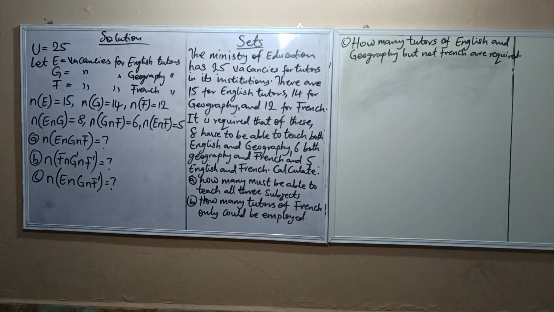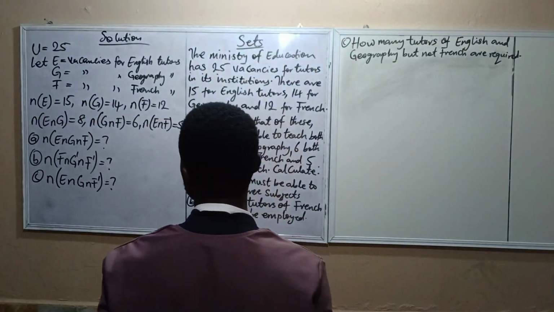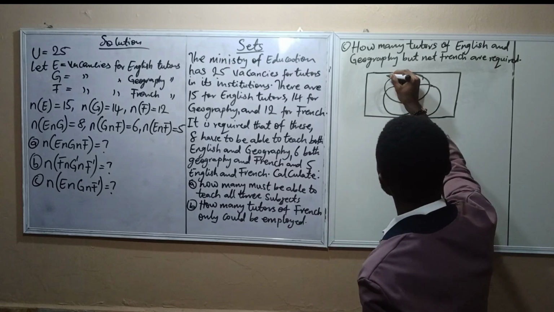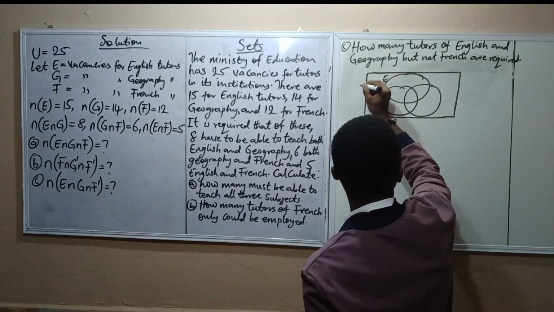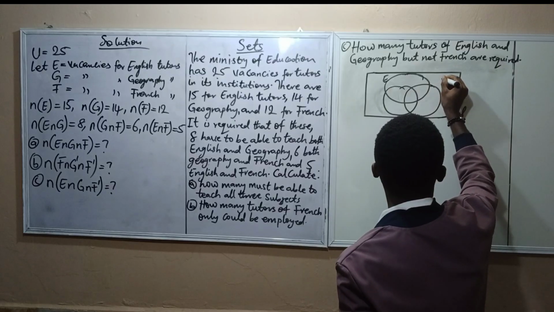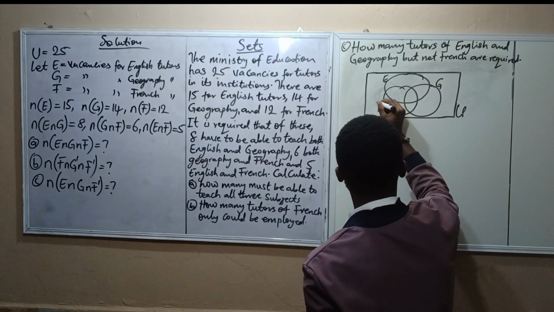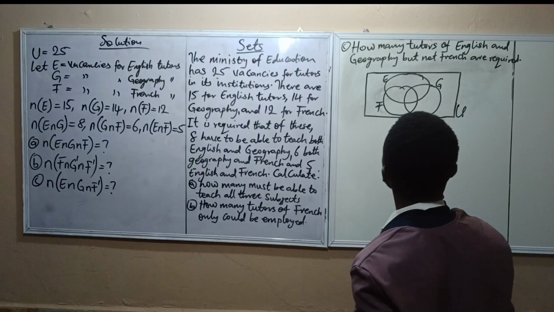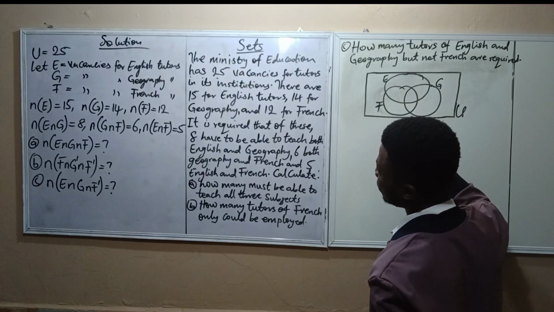So we've gotten all this data. Now let's draw the Venn diagram. Let this be English. This is the universal set. English, geography, and French. Now the intersection of the three is not given.